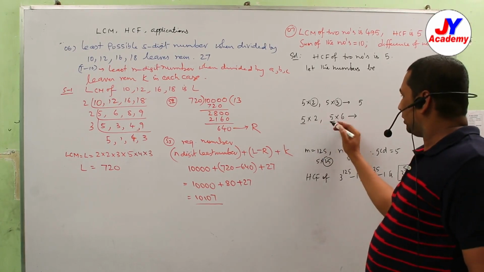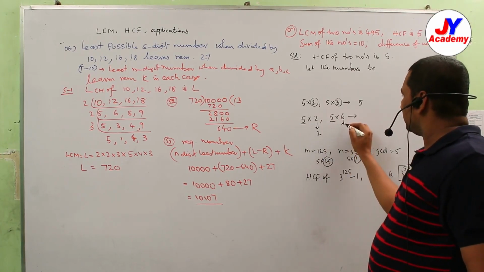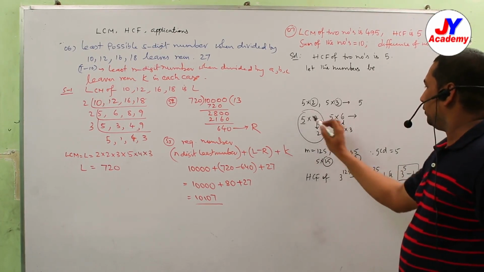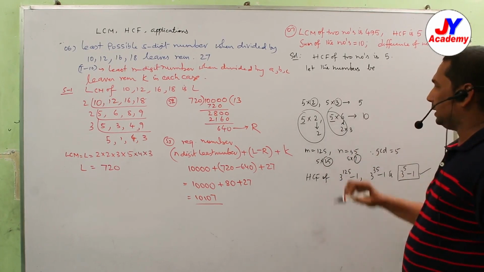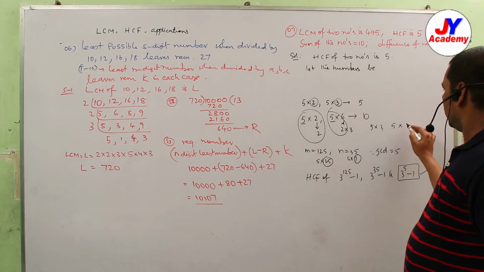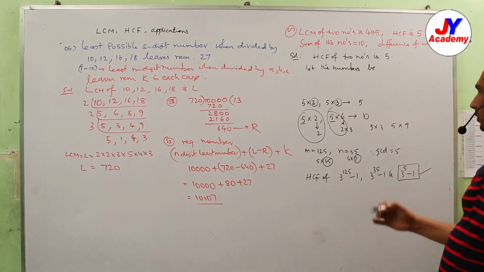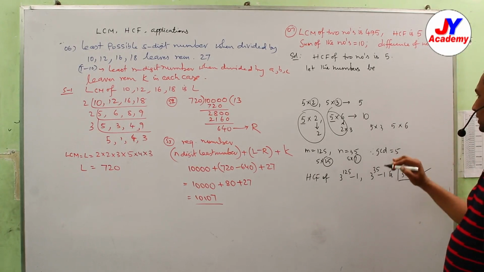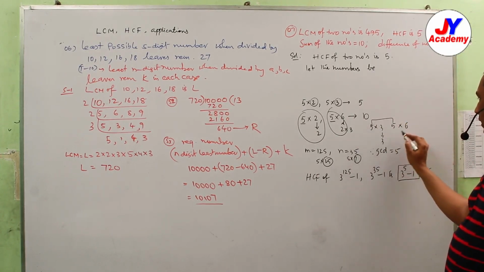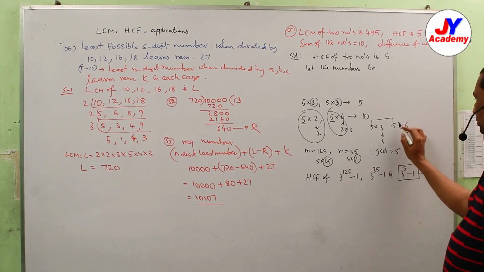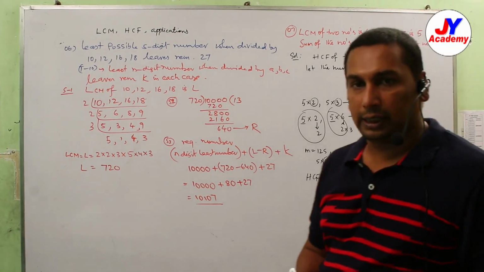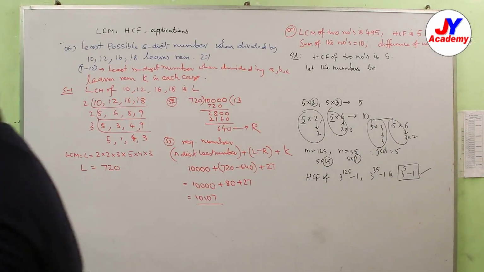Here 5 is common, and here 2 is common, since 6 is 2 into 3. So the HCF is 5 into 2, which is 10. Suppose 5 into 3 and 5 into 6. Then 5 is common, and 3 is common, since 6 is 3 into 2. So 15 is the HCF. Like that we have to take the two numbers or three numbers, whatever.